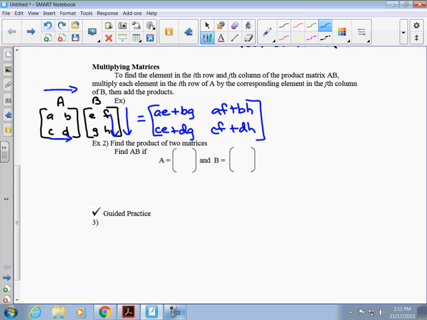So let's look at example 2. In example 2, we're going to start with matrix A being 2, negative 3 in the first row and 1, 5 in the second row. And B is going to be 1, negative 4 in row 1, and 3, negative 2 in row 2.